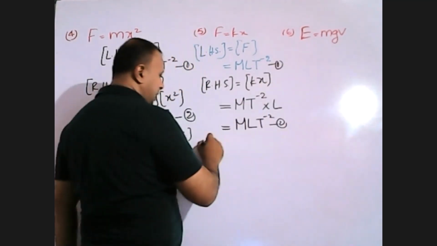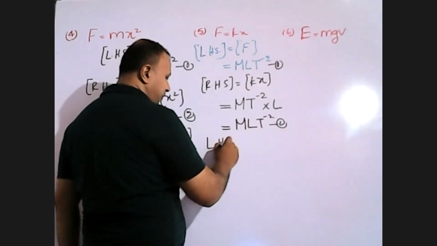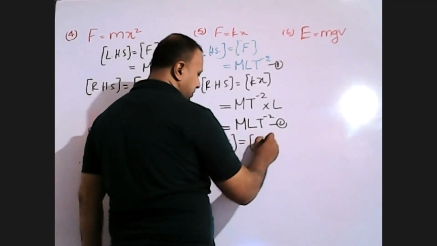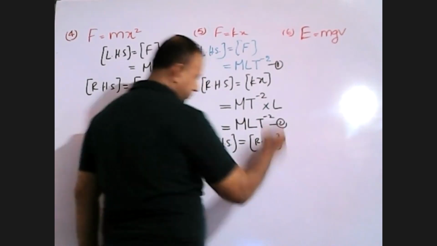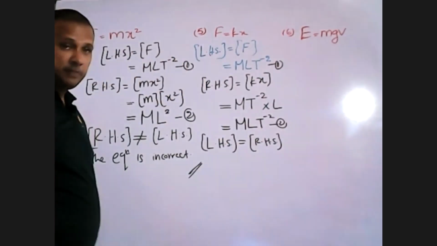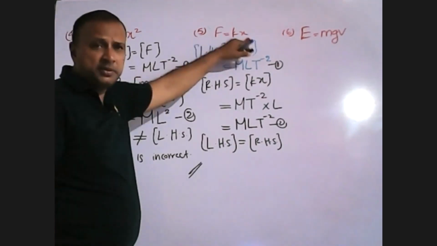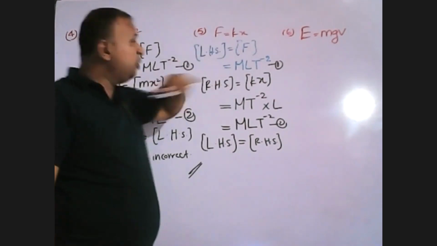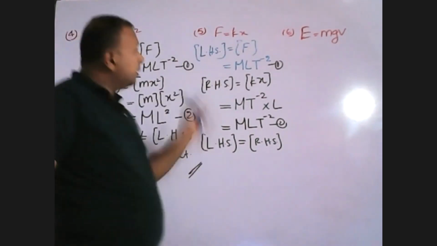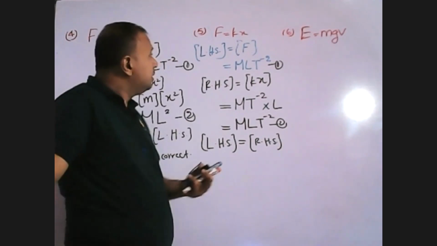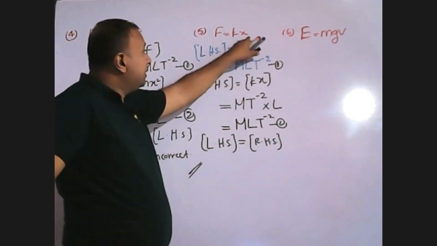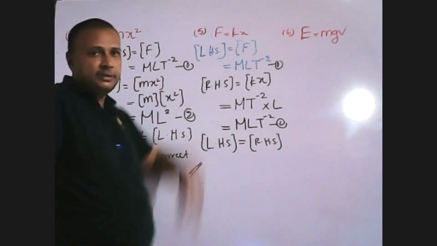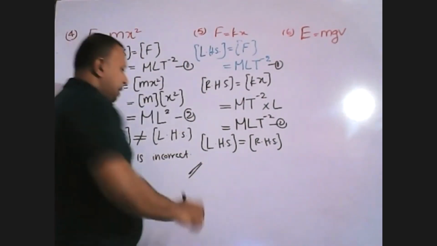From 1 and 2, I can say dimension of LHS is equal to dimension of RHS. Because there are only two terms, one term in LHS and one term in RHS, we don't want to consider each and every single term.